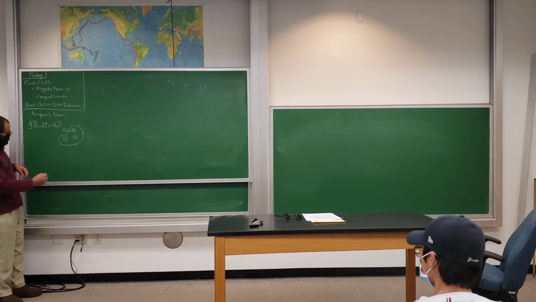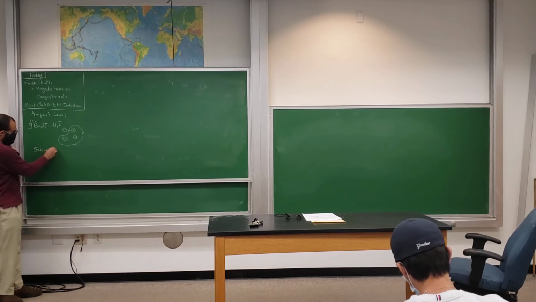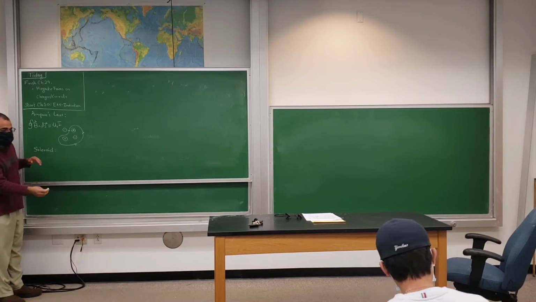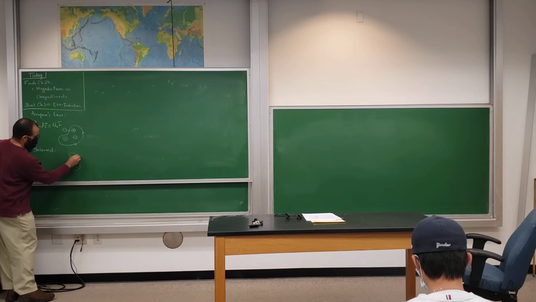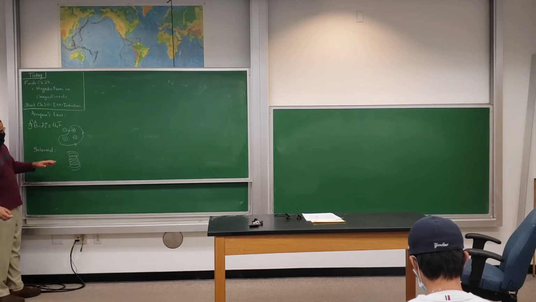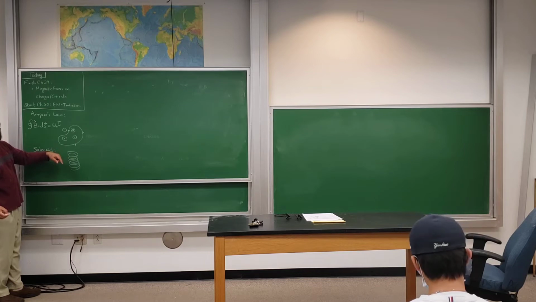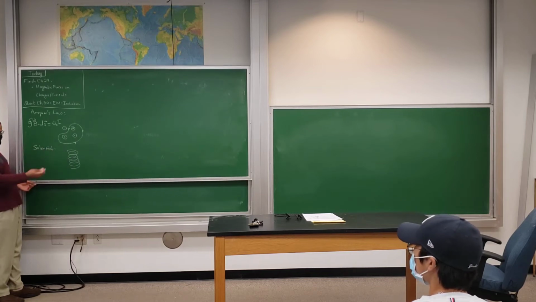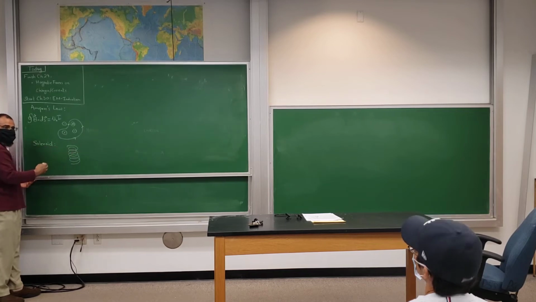You may remember the solenoid, I'm not going to go over it again, but let's say you have a solenoid that looks like this. It has a number of loops per unit of length, and it's used to generate a constant magnetic field that's uniform within the solenoid, but zero outside the solenoid.